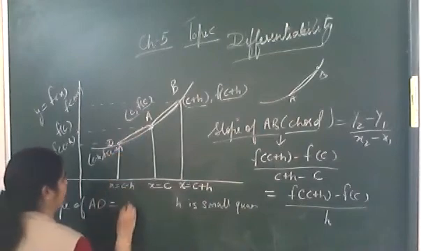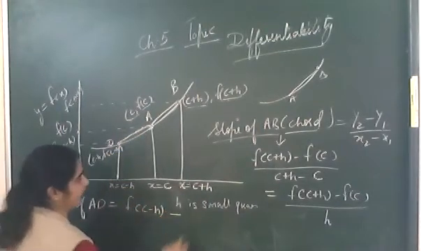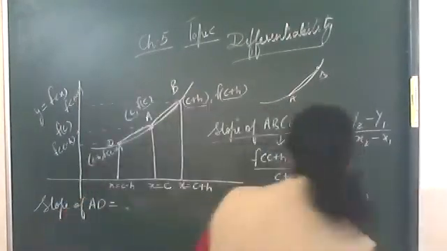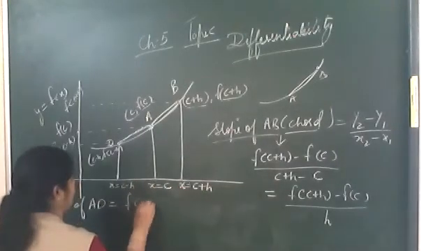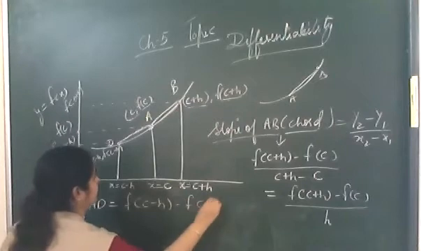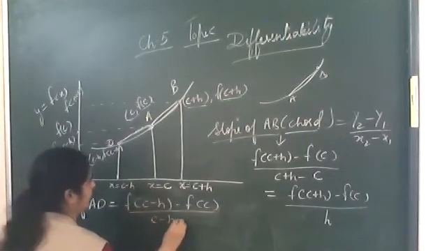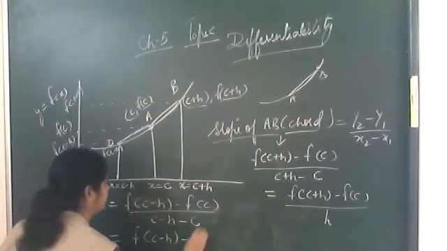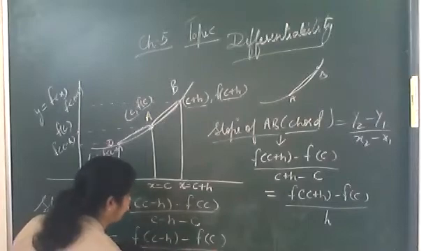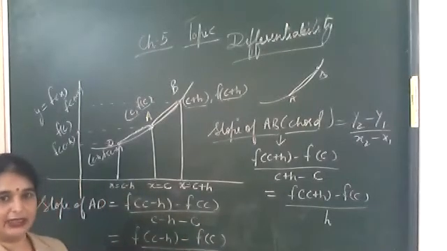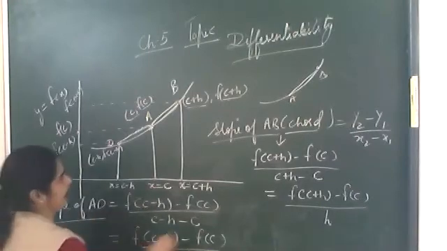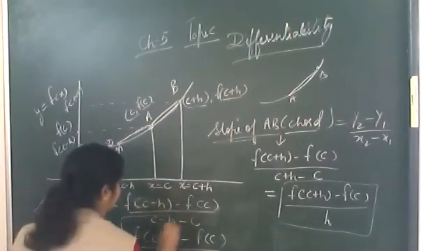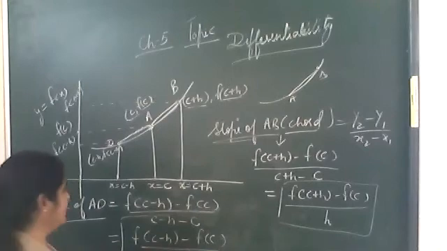I'm taking this as y2, so f of c minus h minus f of c upon c minus h minus c. Again, this will get cancelled. You will have f of c minus h minus f of c upon minus h. Is this clear? So this is our slope of AB and this is our slope of AD. Clear, everyone? Now just see.